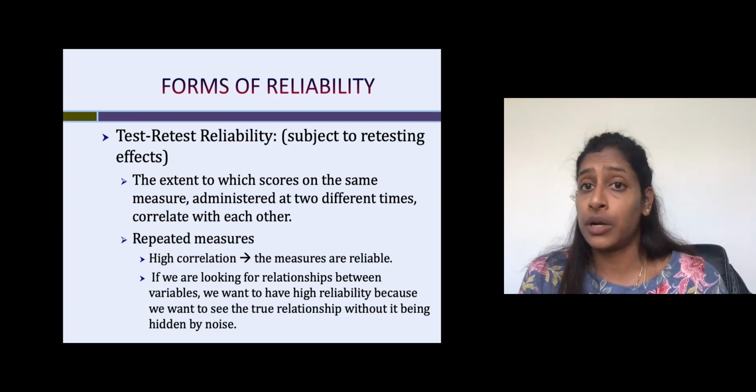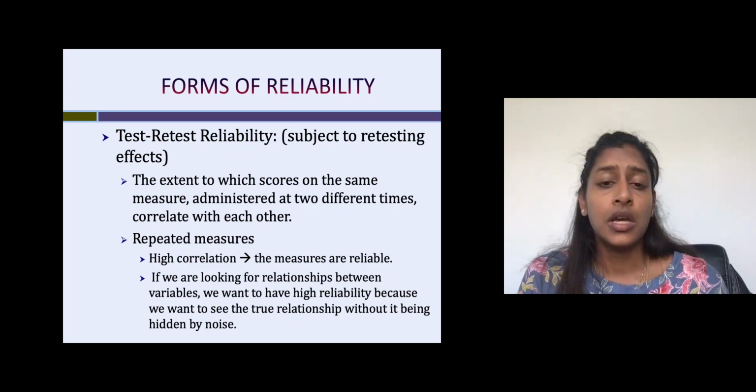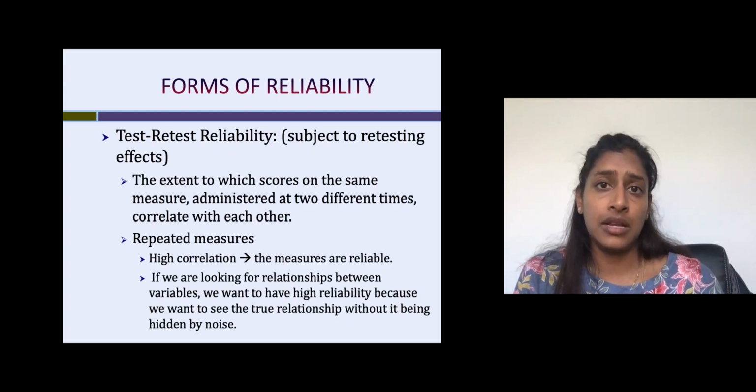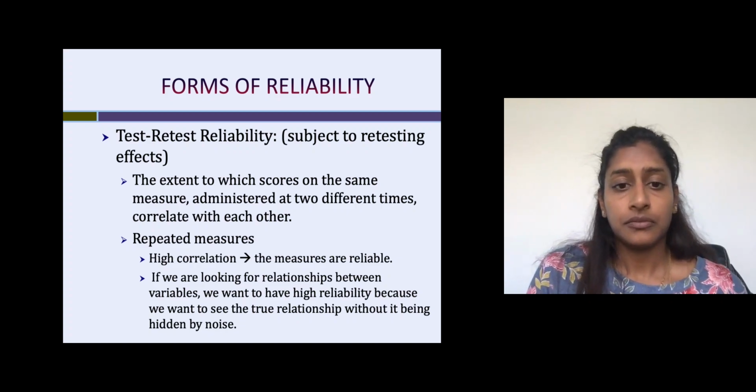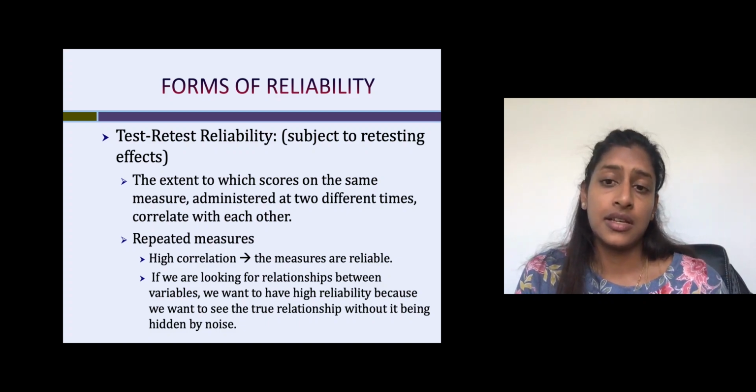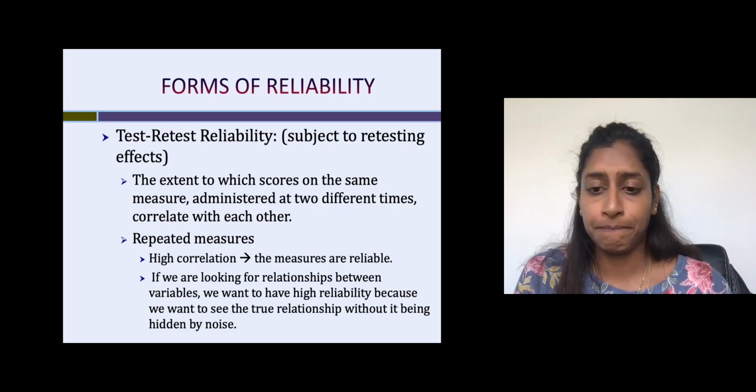I should score pretty similarly. And so we would treat this as a repeated measures design whenever you get into statistics. So this is one way for us to take a look at that.